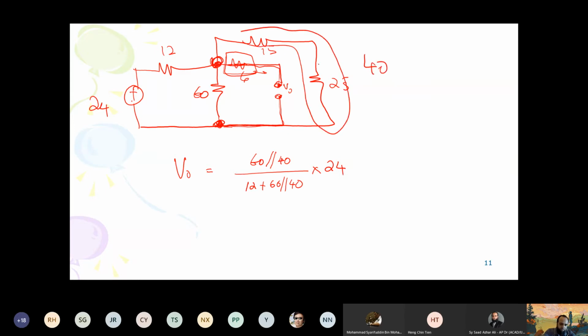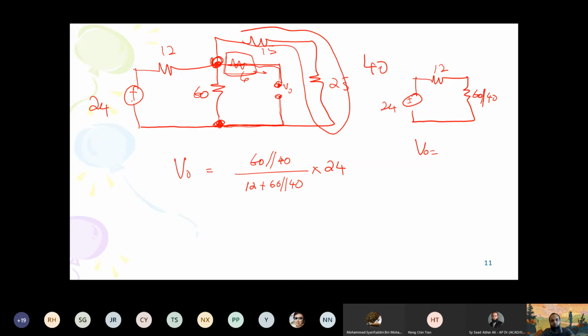This 40 and this 60 are in parallel. So the resultant is 60 parallel 40, and this is 12, 24. So we can get V0 like this. Do you understand this one? Yes, sir. You all agree?